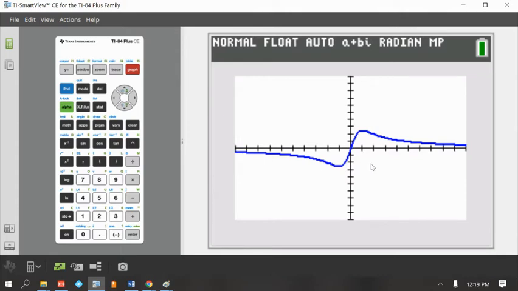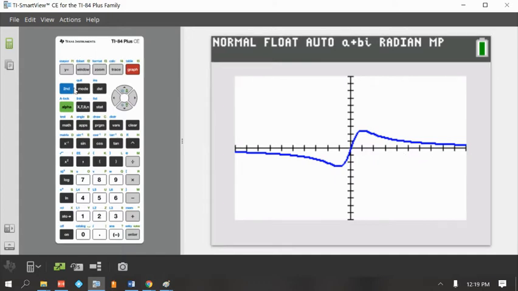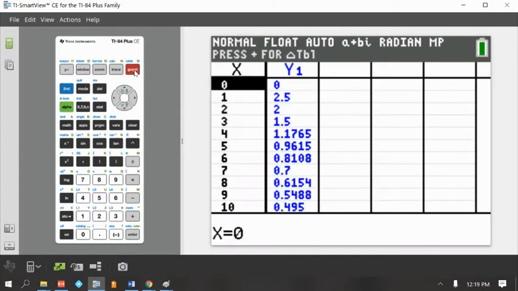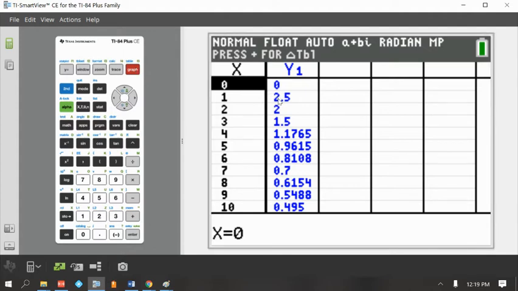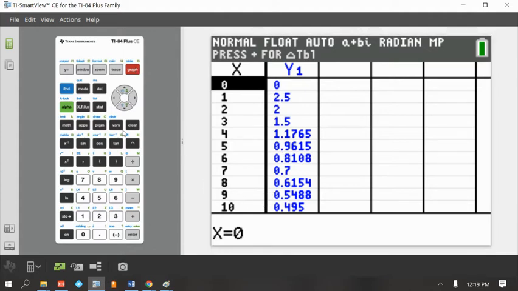The graph is going to get closer and closer to 0. And how can I tell? Another thing I can do is go to the table. We haven't done a lot of calculator work in this class, so I don't know how much you know about the calculator. You go to y equals, you type in the equation, you hit graph, you see a picture, and then you've got second table to see the table. Notice as x gets bigger and bigger, y is getting smaller and smaller.